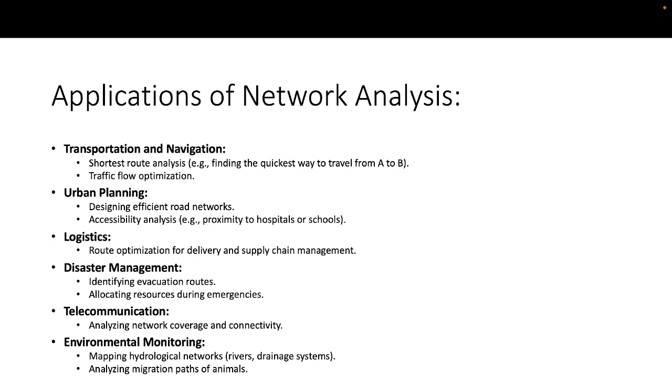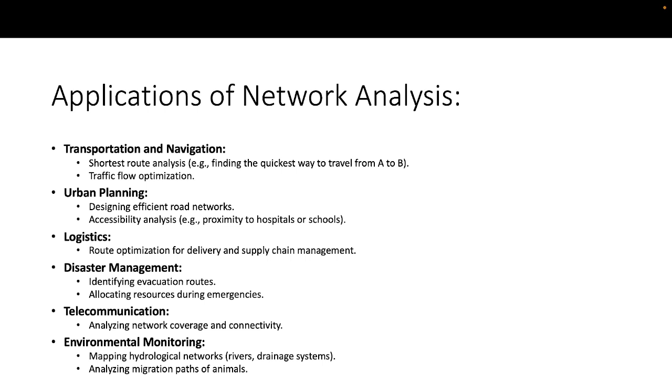Then logistics, mainly route optimization for delivery or supply chain management. Disaster management, mainly identifying evacuation routes or allocating resources during emergencies. Then telecommunication, analyzing network coverage and connectivity. Environmental monitoring, mainly mapping hydrological networks such as river drainage systems or analyzing the migration paths of animals. All of these I will try to explain step by step, so I hope we can easily get the idea of how to work with them.